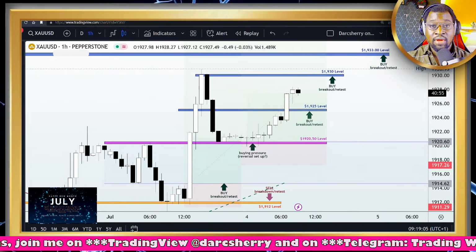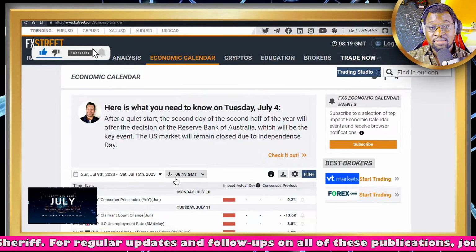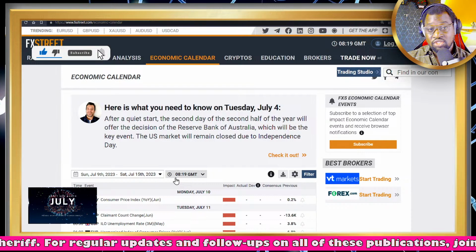We focus on high impact events that will be affecting any of the instruments we are monitoring. So we are going to be looking at economic features from the United States, Japan's economy, and of course the United Kingdom's economy. So what I'm going to be doing here is to filter in for this week.